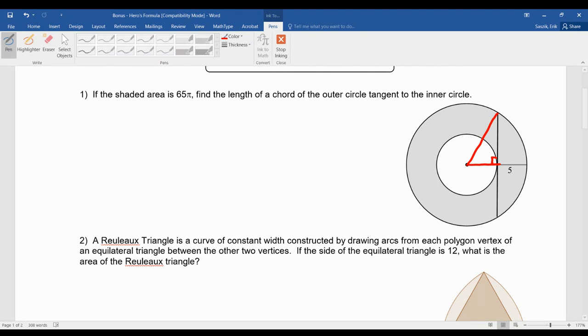We have the shaded area is 65 pi. We're going to call this x, and we're going to call this y.